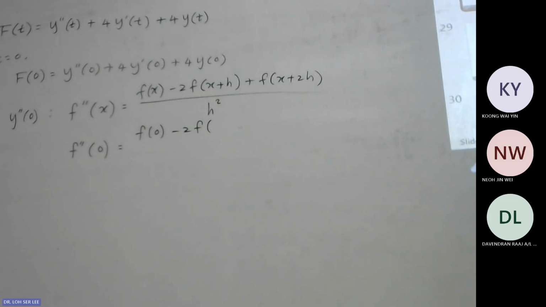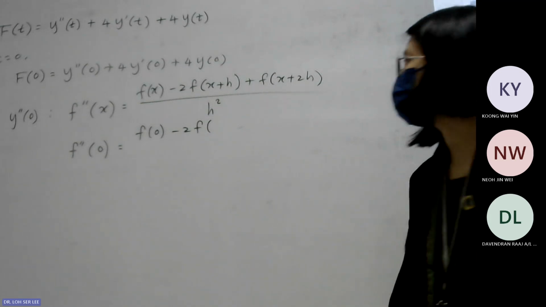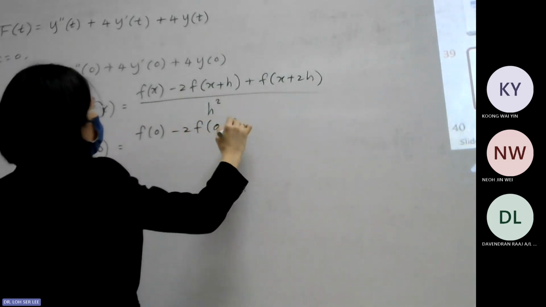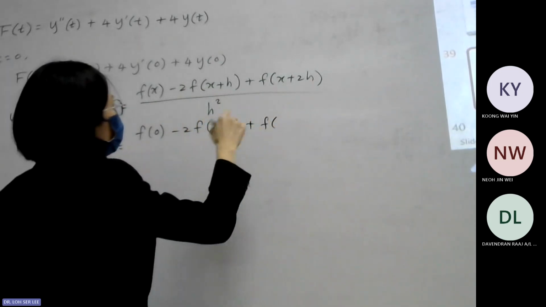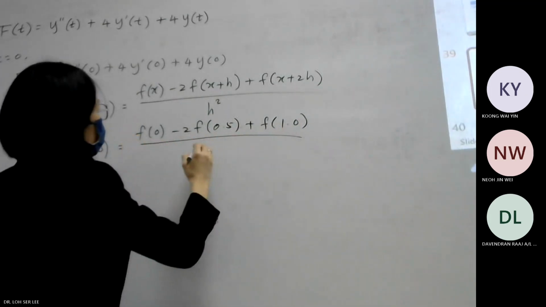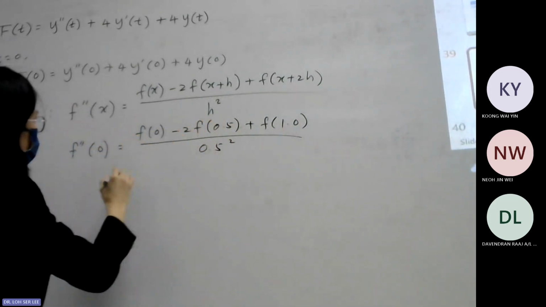Look at the given values. 0.5, so 0.5 plus 0.5 is 1.0, divided by 0.5 squared.